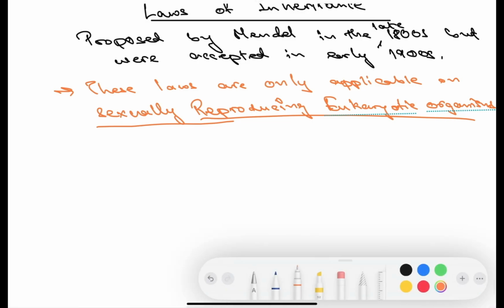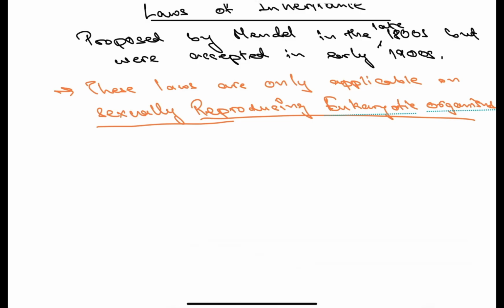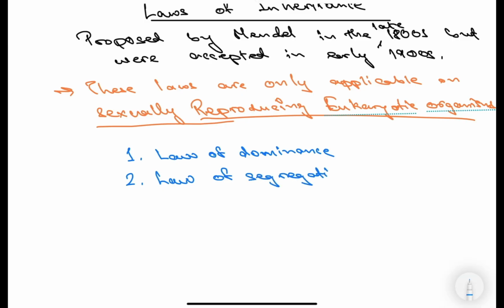Initially he proposed three laws: the law of dominance, the law of segregation, and the law of independent assortment.